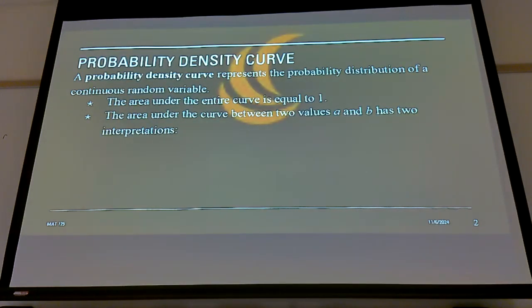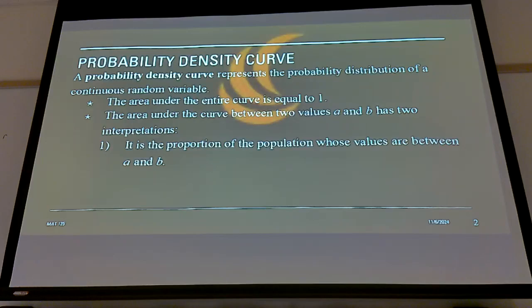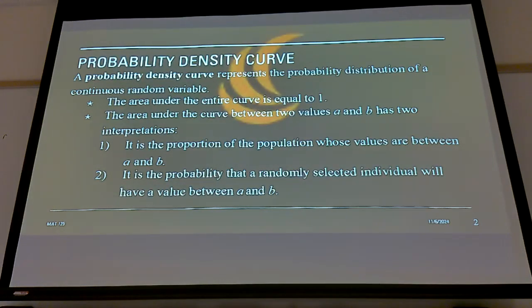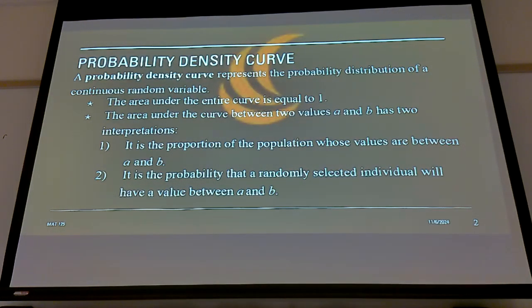The area under the curve between two values A and B has two interpretations. First is the proportion of the population whose values are between A and B. Two, it is the probability that a randomly selected individual will have a value between A and B.